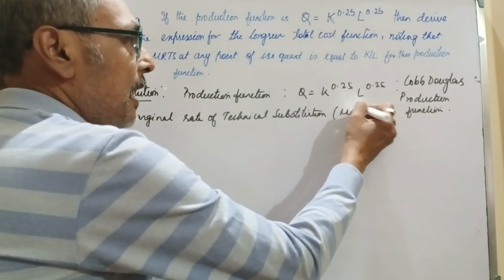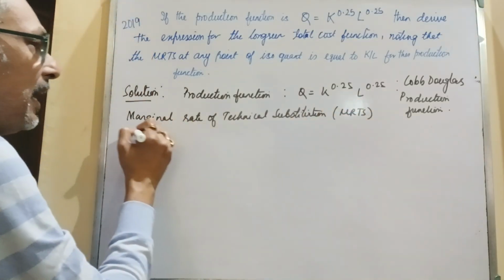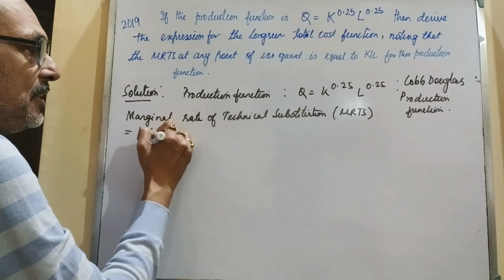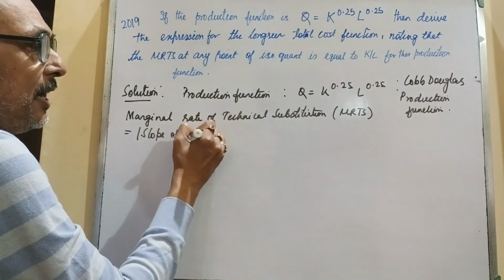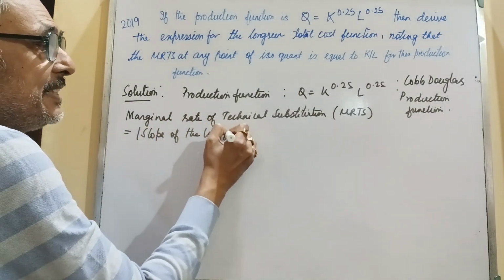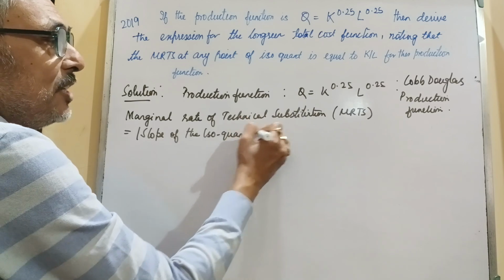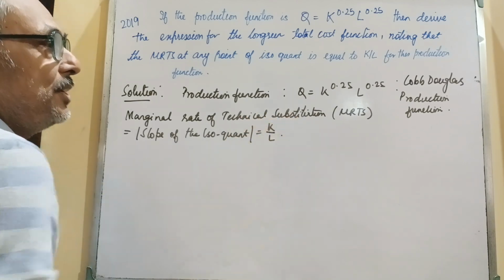MRTS is the absolute slope of the isoquant. It is given in our question. This is K by L.